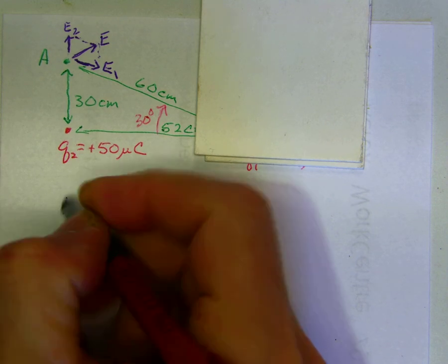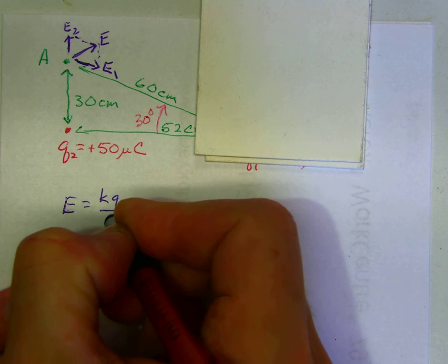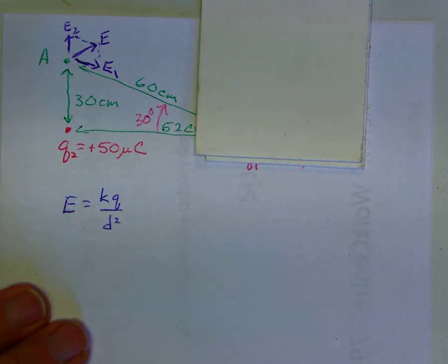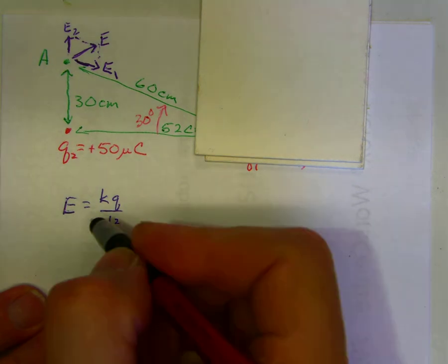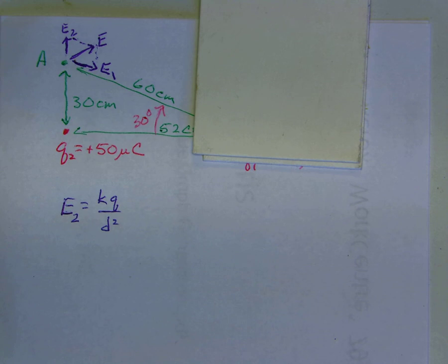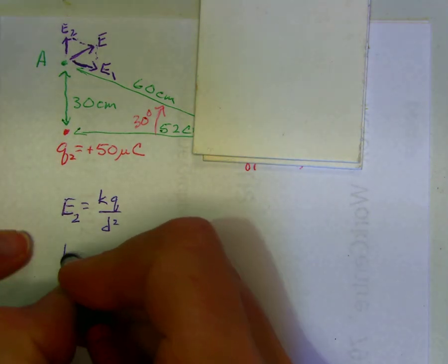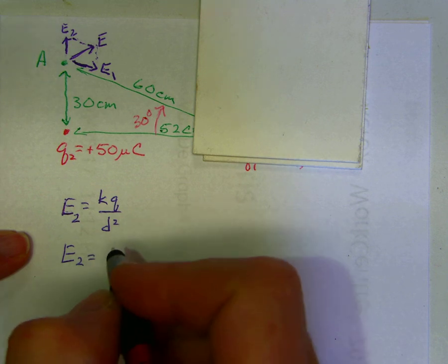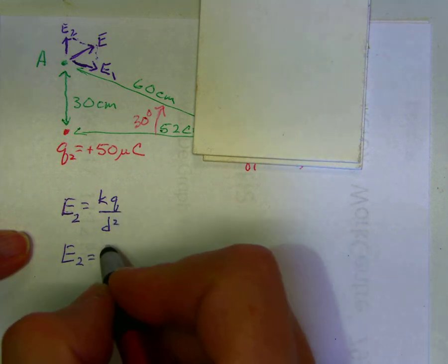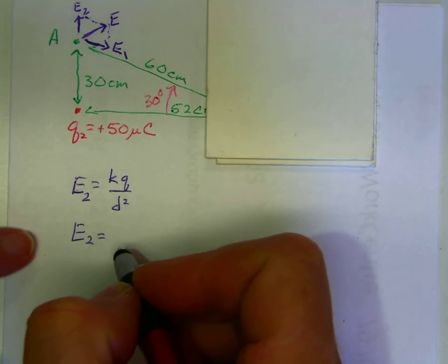So E equals kQ over r squared, and I'm going to call it E2. It's the electric field due to 2. So go ahead and put the values in.